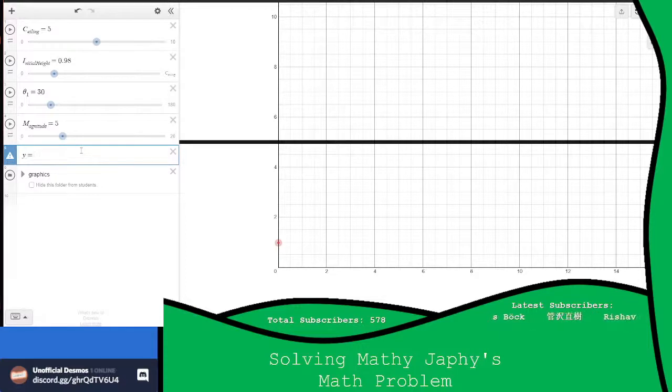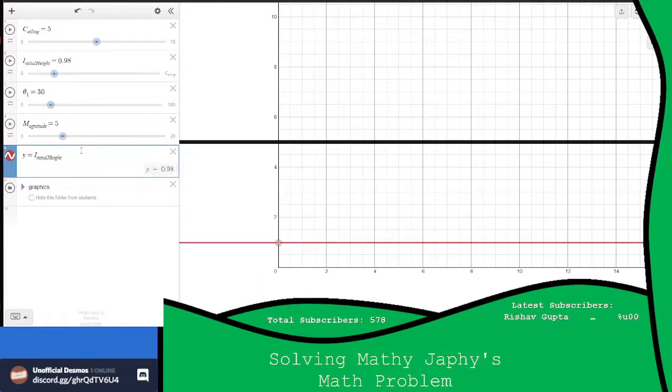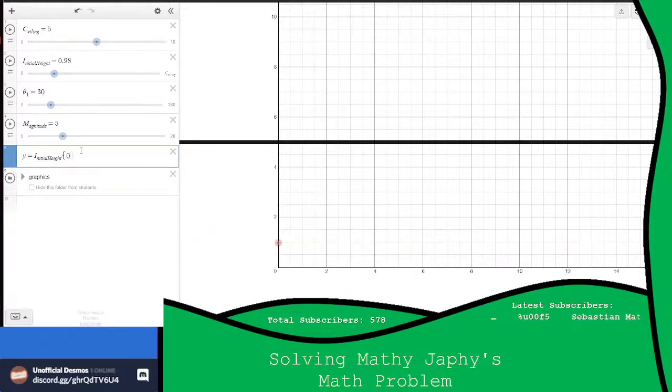Y is equal to... but only from 0 to x, the cosine of theta 1 times the magnitude.